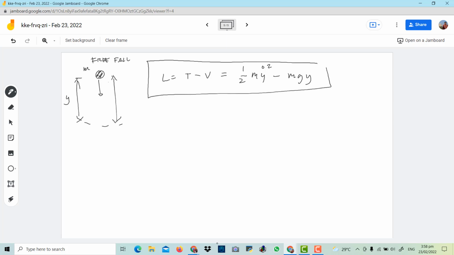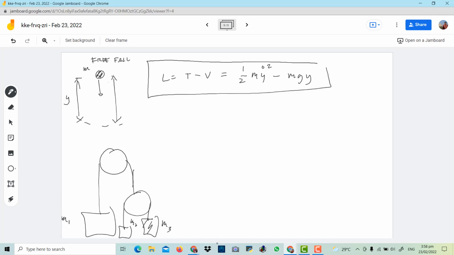Like this one, if I have an Atwood machine, a double Atwood machine, with masses M3, M2, M1, you need to set variables along M1, M2, and M3.